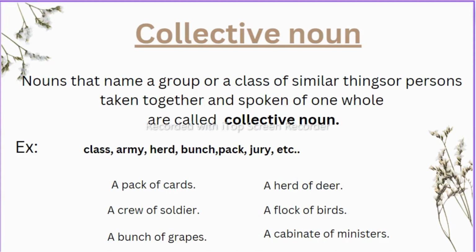These all are collective nouns. Here are more examples of collective nouns: a pack of cards, a herd of deer, a crew of soldiers, a flock of birds, a bunch of grapes, a cabinet of ministers. So collective nouns are the nouns that name a group or a class of similar things or persons.